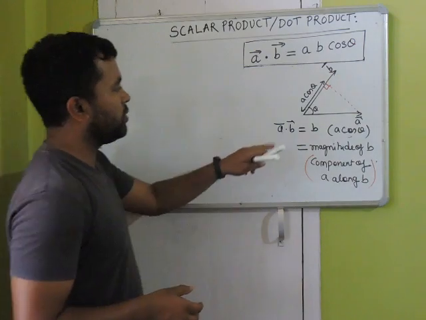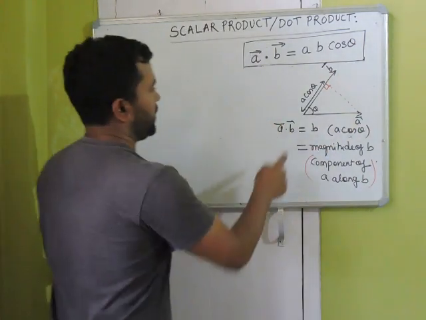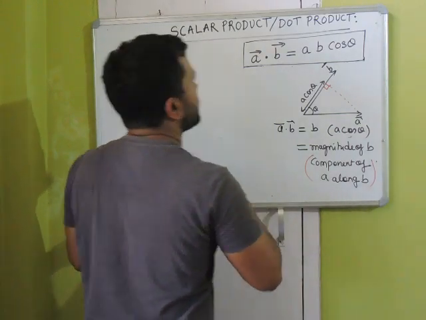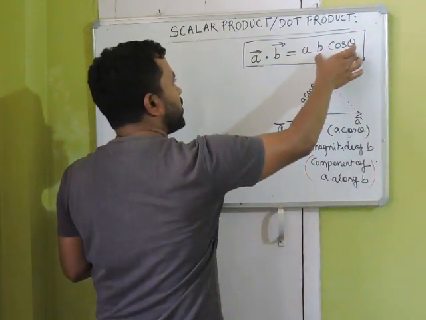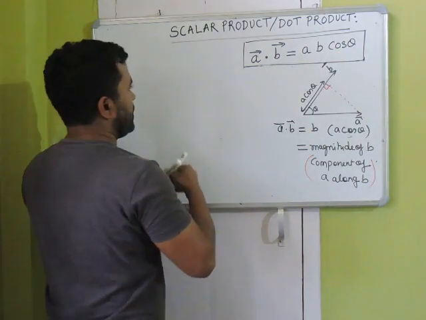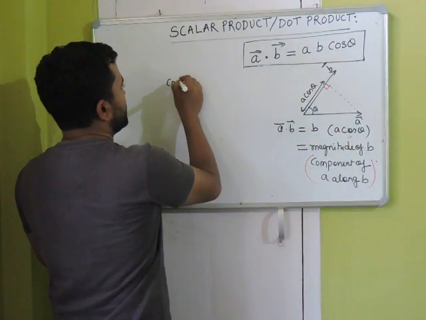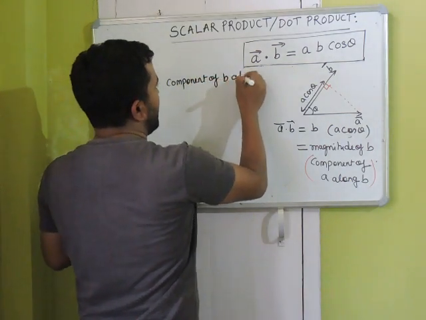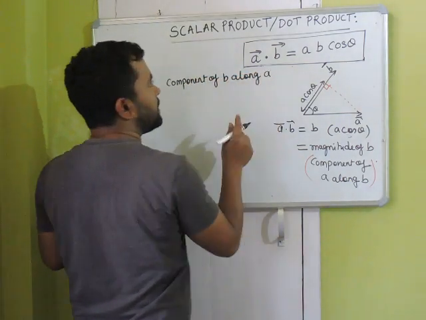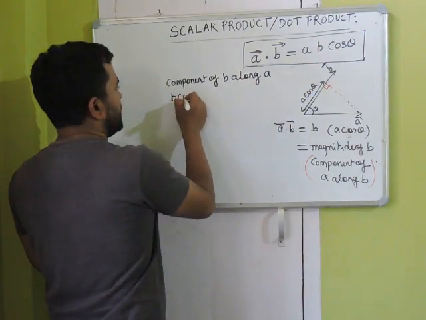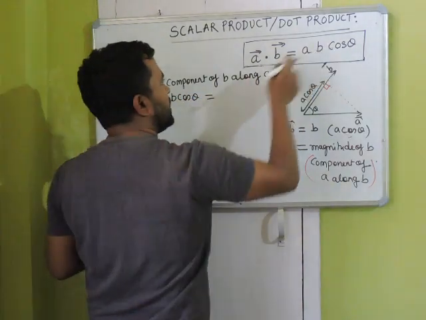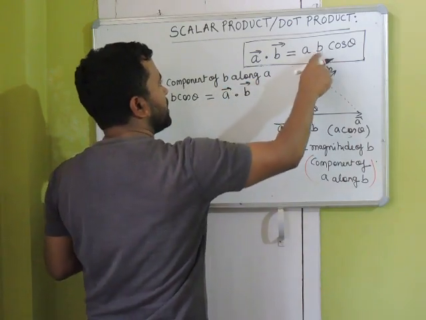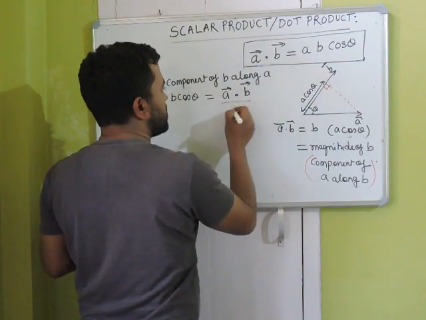Now it turns out, if you see this expression, I can write this B cos theta is component of B along A, okay? So component of B along A is B cos theta, and that will be equal to A dot B, and B cos theta only I am keeping it, A goes down.